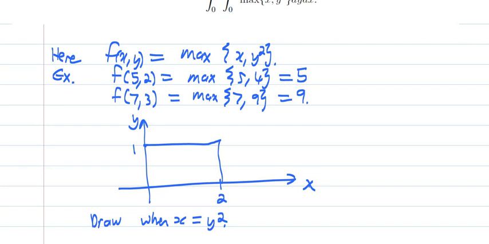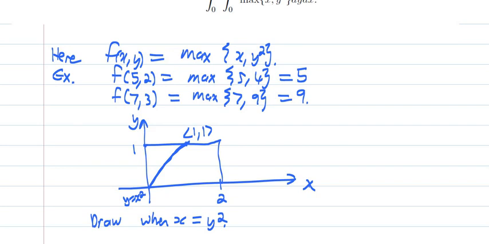It's clearly a parabola, but x is a parabola in terms of y. If you draw it, it looks like this blue curve. You can see if y is 1, x is 1. So this blue curve over here is the curve x equals y squared.